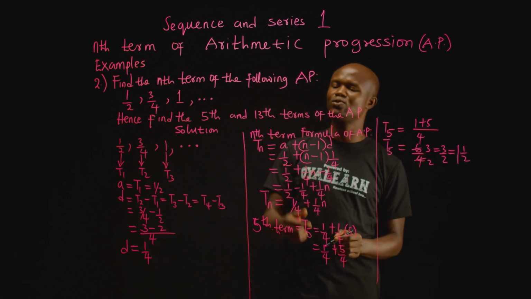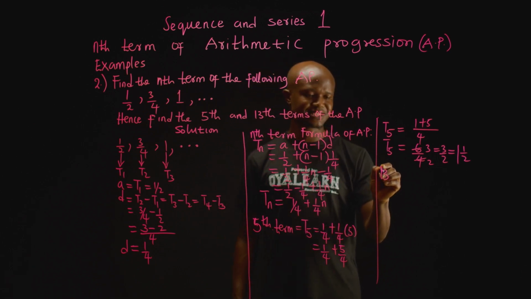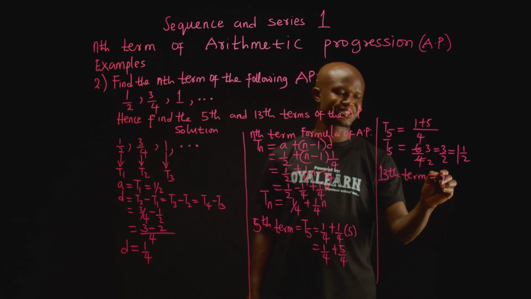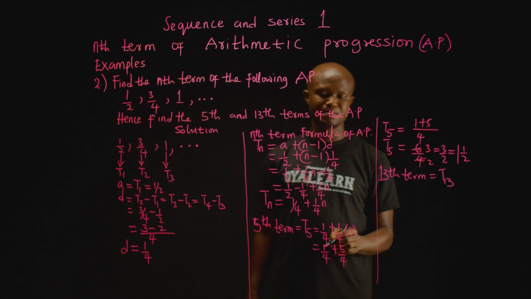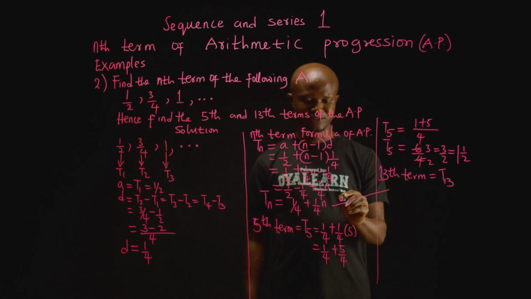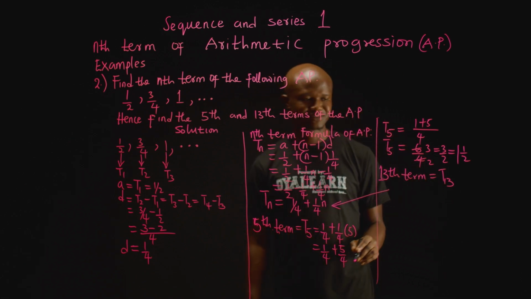Now we also need to calculate the value of the 13th term. 13th term is equal to T13, meaning that we still go back to the nth term formula that we got.